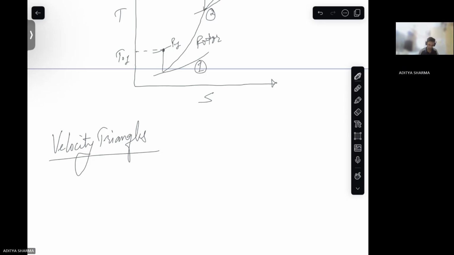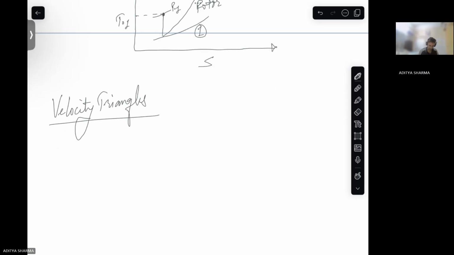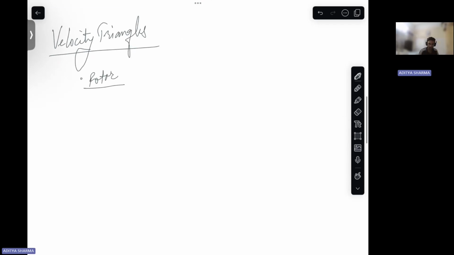Now I'll just draw for your rotor the velocity triangle, how it looks like. Okay. So then how it looks like, and in your compressor, how do we visualize this?